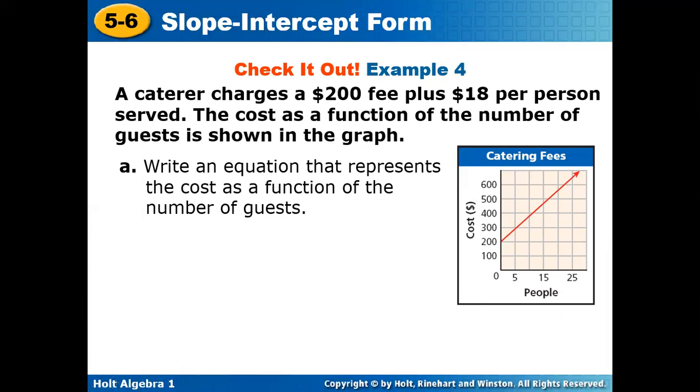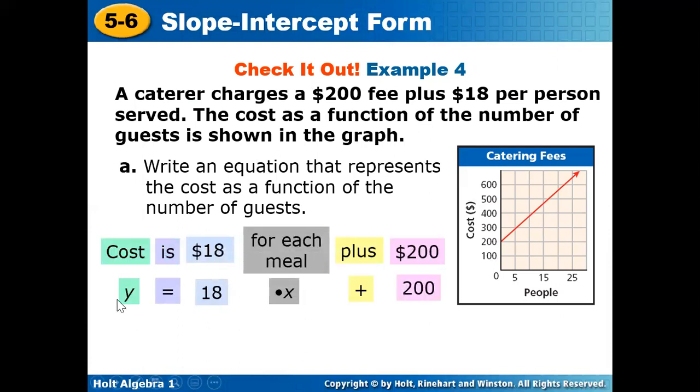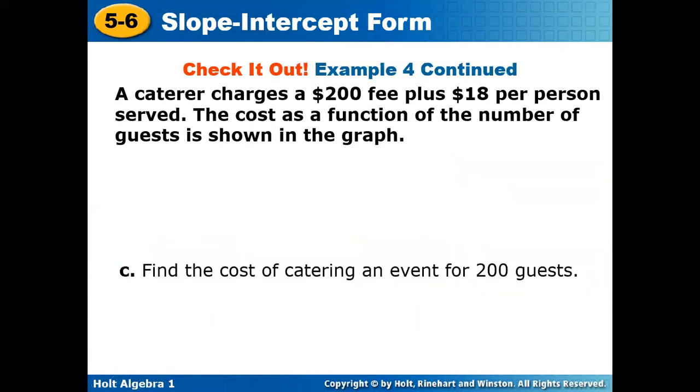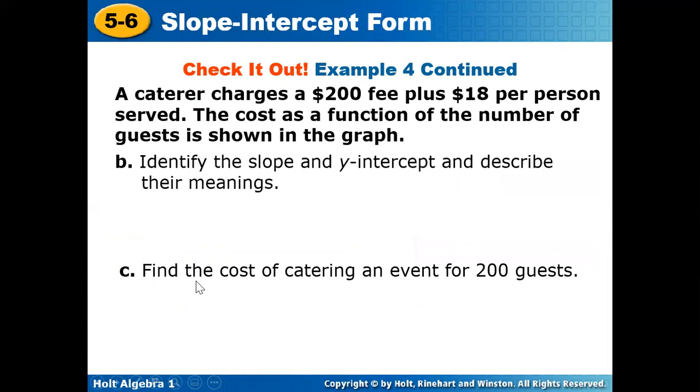You don't know how many people you are serving. Y equals 18x plus your original $200 because that is your fee for 0 people. And that is your equation. Y equals 18x plus 200.